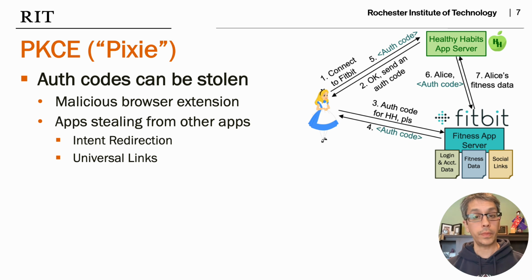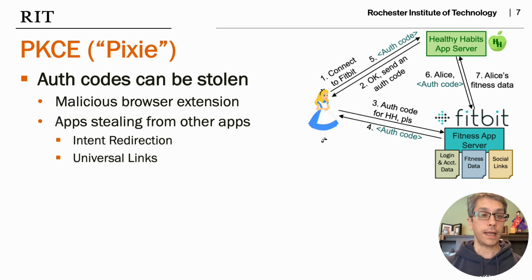Okay, so one other piece that I want to talk about when it comes to OAuth is PKCE. Matt Cooper mentioned PKCE, but I want to break it down a little bit more in detail. The reason we use PKCE is because we're worried that auth codes could be stolen. If we have, say, a malicious browser extension, that extension could be overprivileged and be gathering information that it's not really supposed to get.